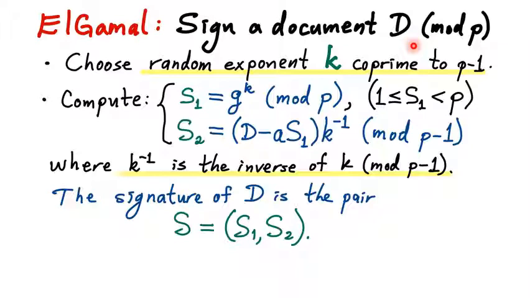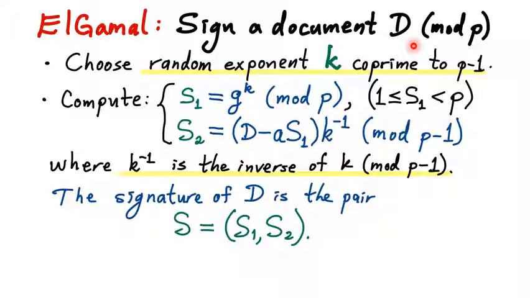Just as was the case for the ElGamal crypto system, there is a random input to the signatures. In particular, you can see from this that signatures are not going to be unique given a document. They're hard to produce if you don't have, of course, the signing key, but they're not unique.